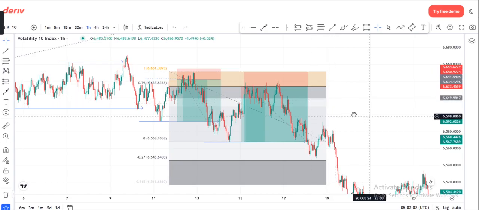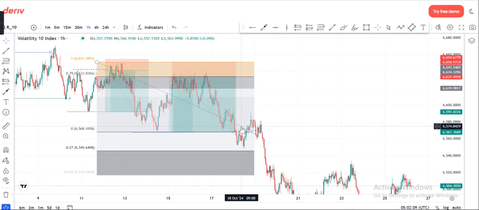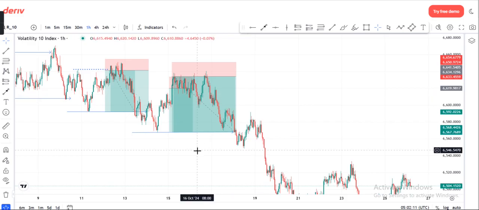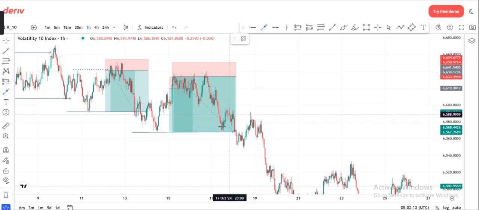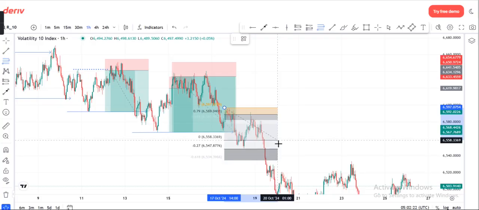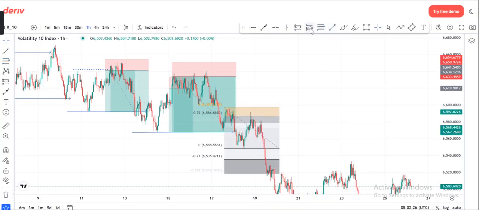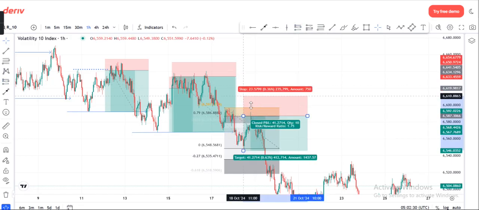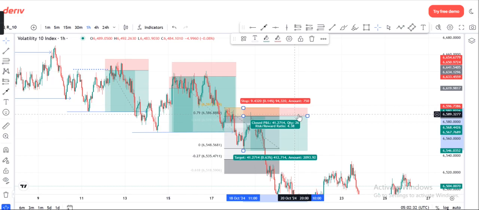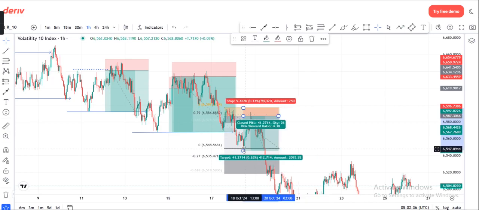Now, the same thing repeated itself at this particular area, at this area where we had the break of structure here, and then we work with this particular level. We strike it to the downside, and we can clearly see that the market respecting this point moved down to this point and then moved for our take profit.